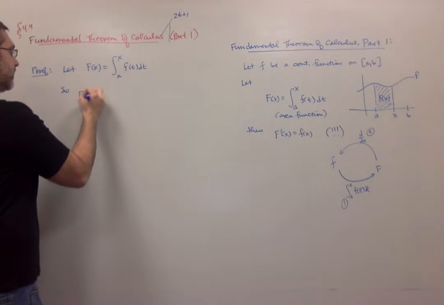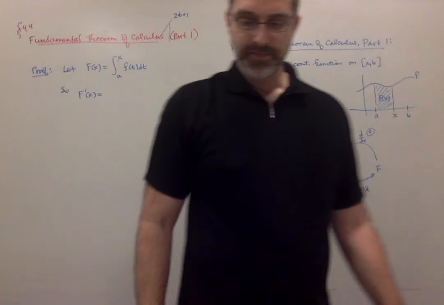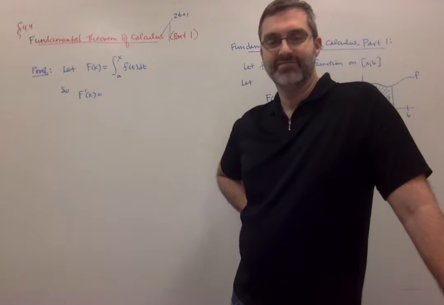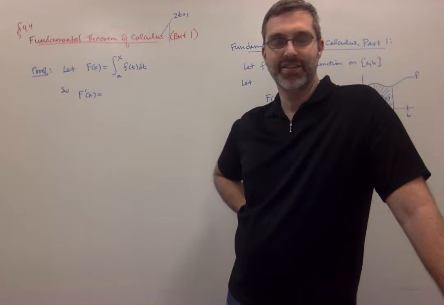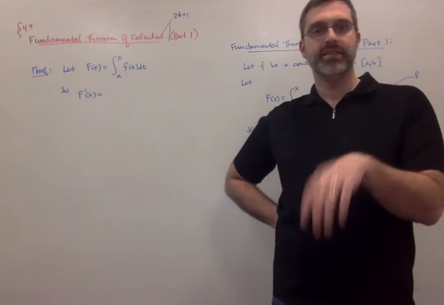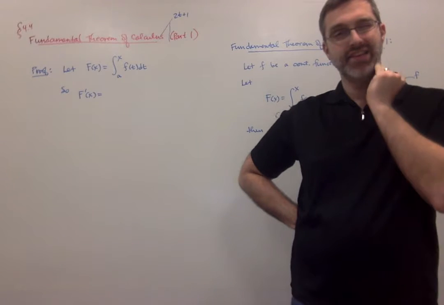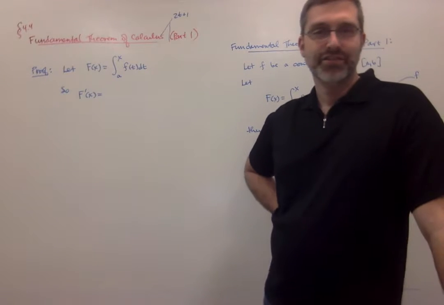So the derivative of f is, and now I'm going to ask if you remember the derivative definition. I'm just going to give you a minute to see if you can remember that. If I give you a function f of x, and I say, what's the derivative? There was a limit and there was an h involved somewhere. Do you remember that definition?